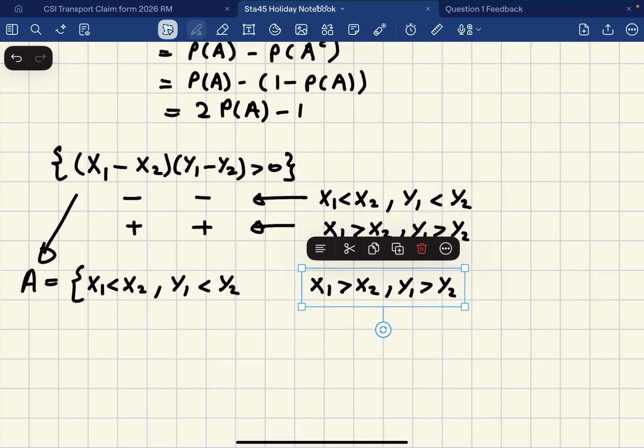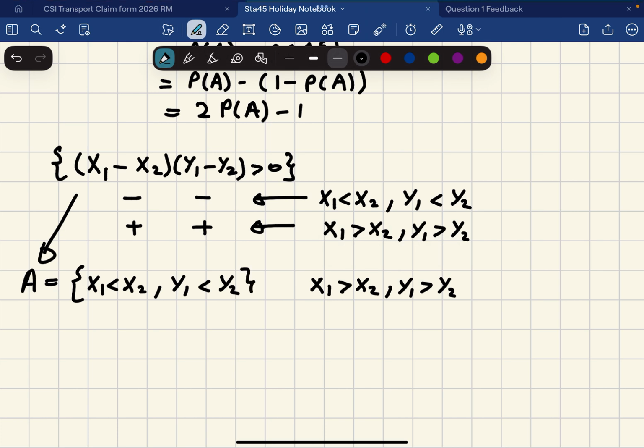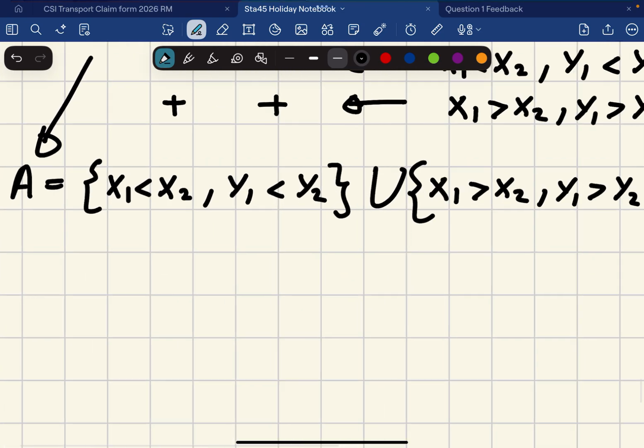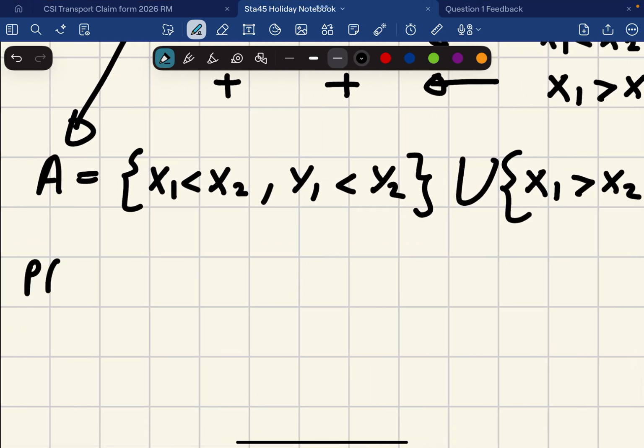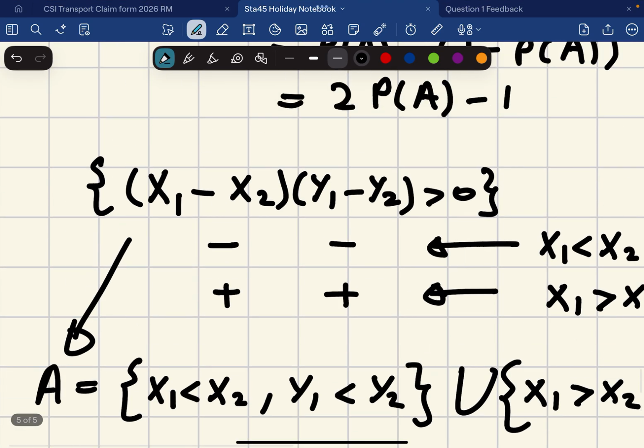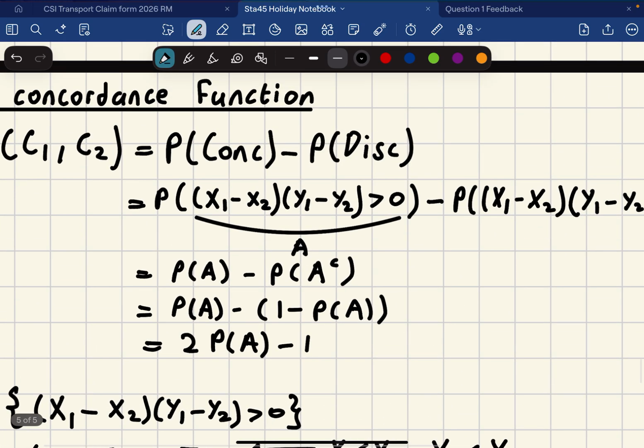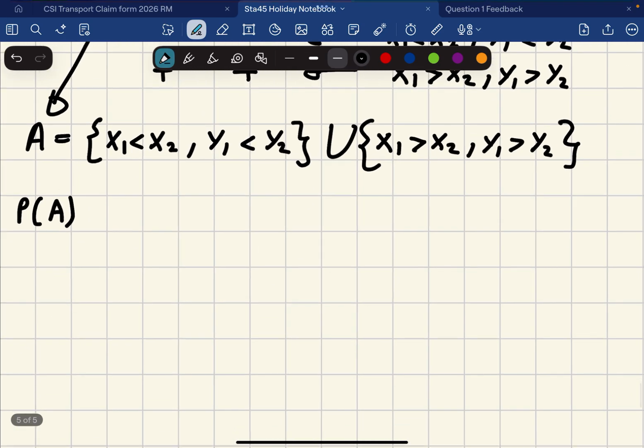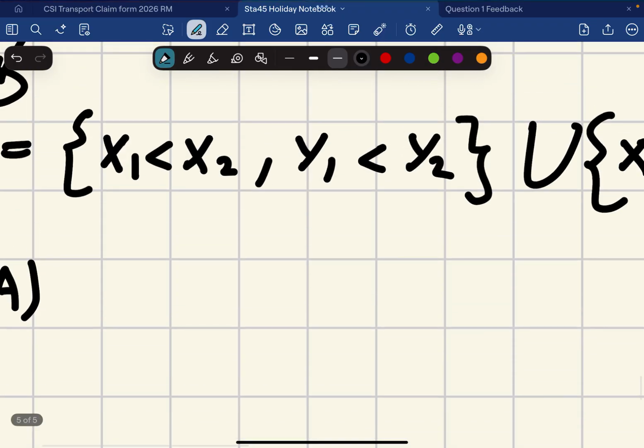So this or that, right? Meaning that the probability of A, and remember the probability of A is the probability of concordance, or the event of concordance rather, the set of outcomes that will give me concordance, right?